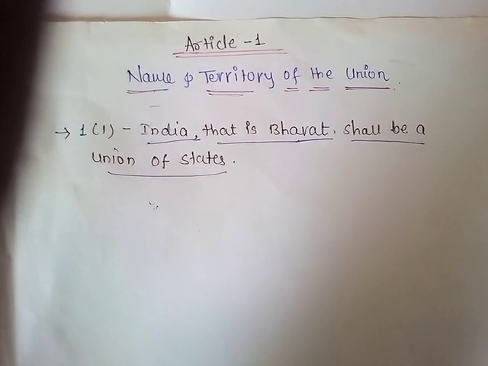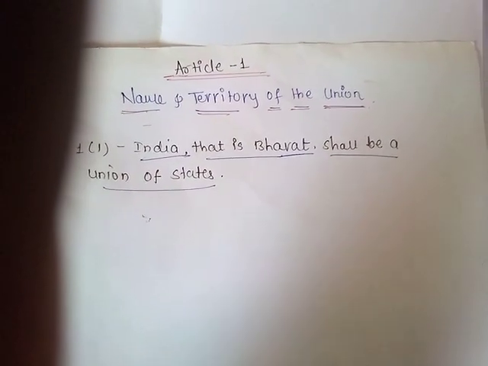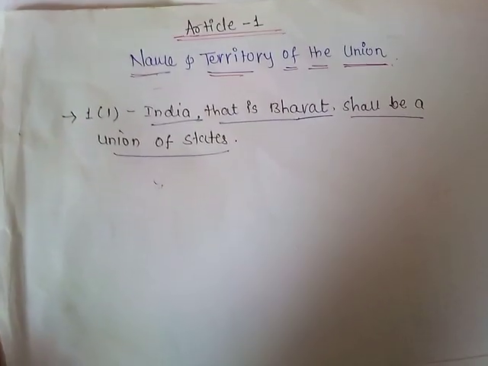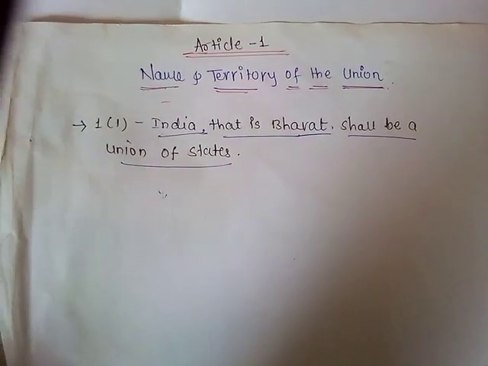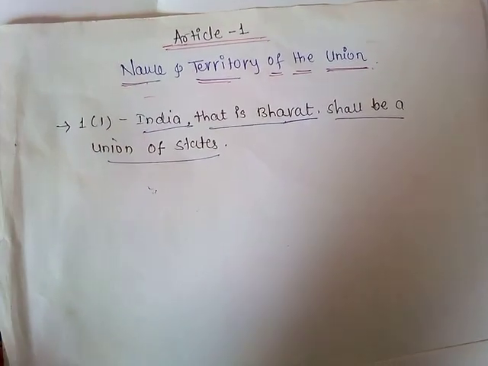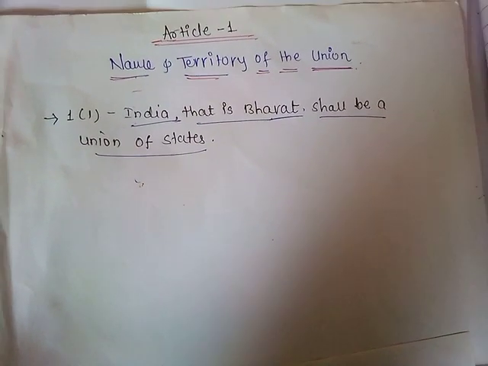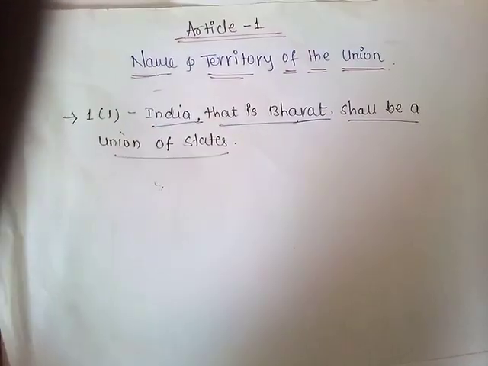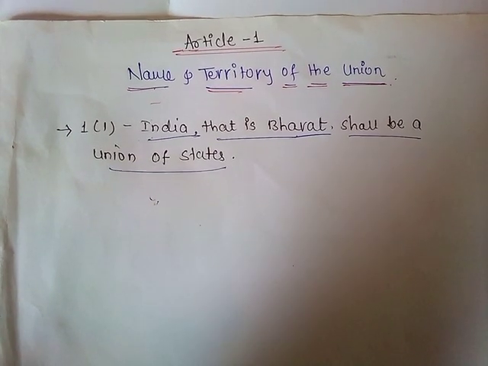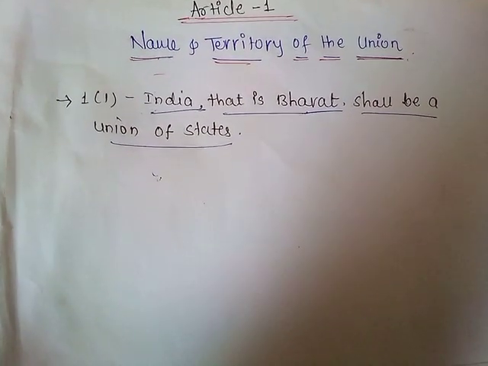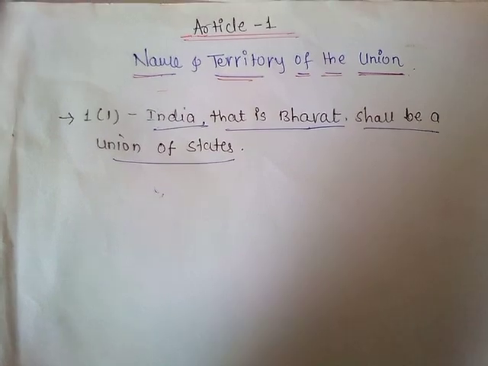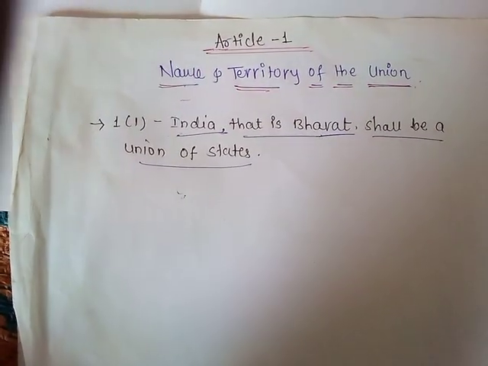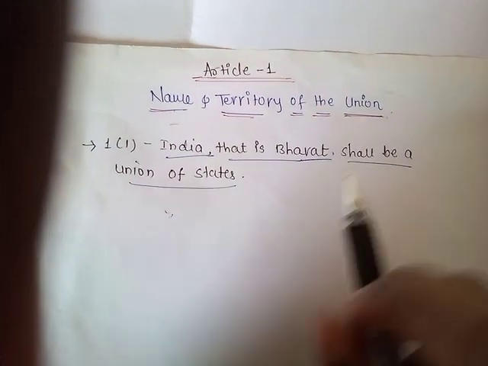Some people said let's call it Bharat Varsh, or some people said we should call it Hindustan. There were different arguments from different people. So finally, the Constituent Assembly decided: let's keep India and Bharat.